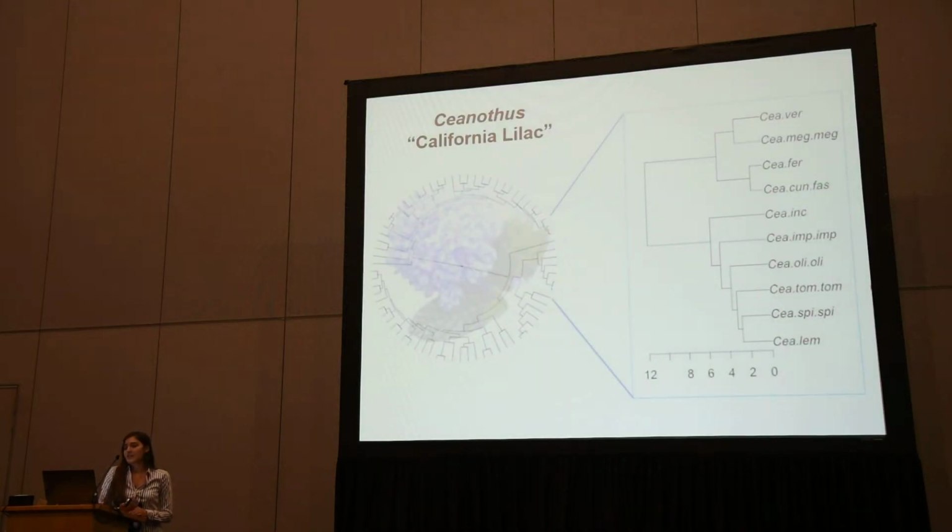And finally, I used the rate calibration method to determine the divergence time between the 2 subgenera, based on a known mutation rate of the ITS region of nuclear ribosomal DNA. This was done following a previously published Ceanothus phylogeny. There are 78 taxa, and we just subset 10 from that full tree.